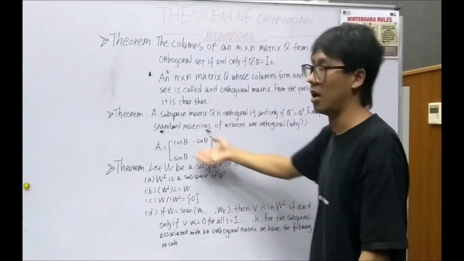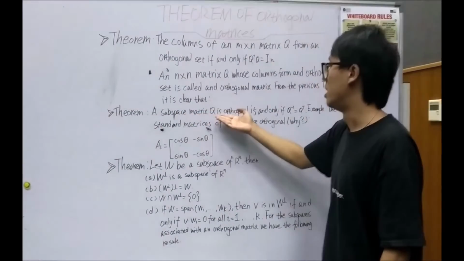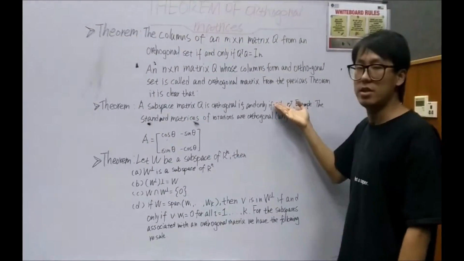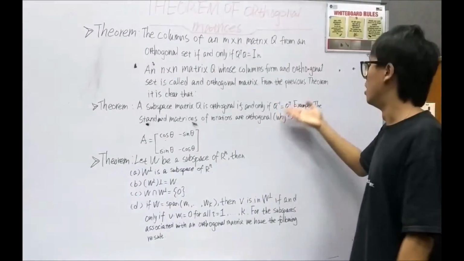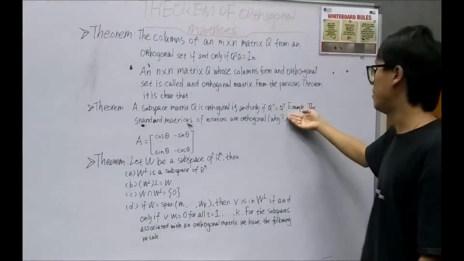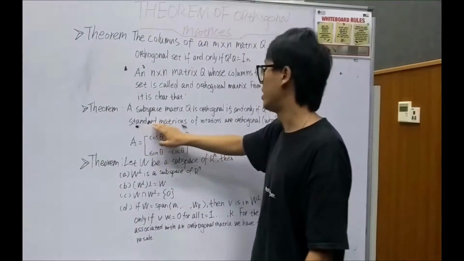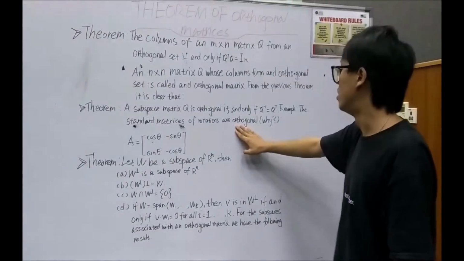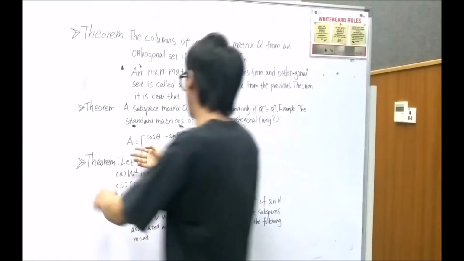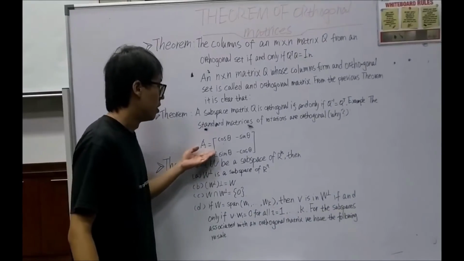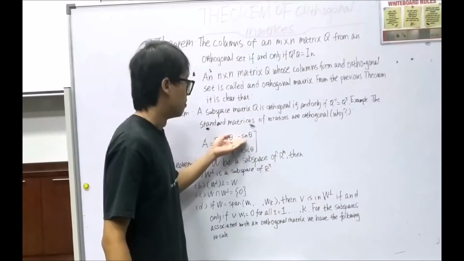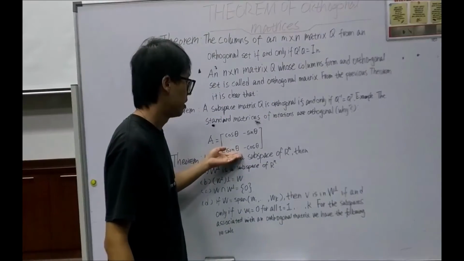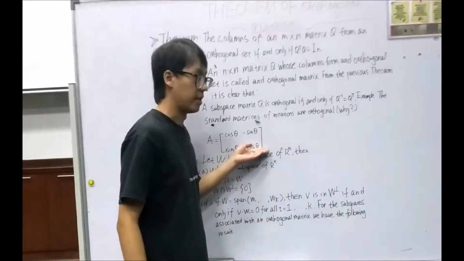Next, a square matrix Q is orthogonal if and only if Q inverse equals the transpose of Q.